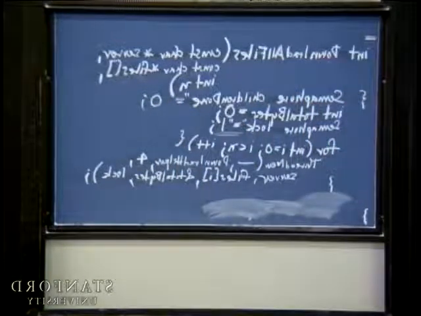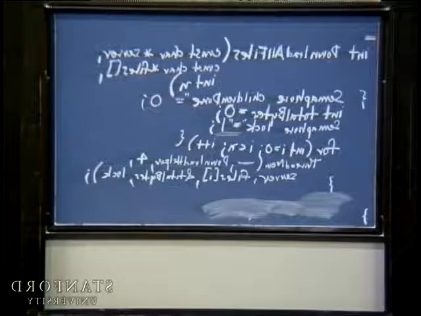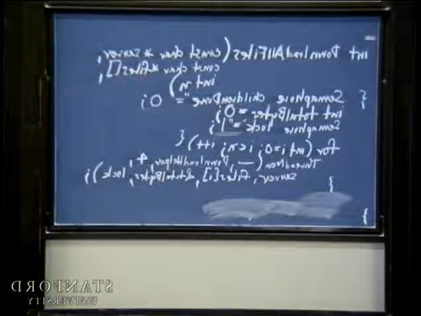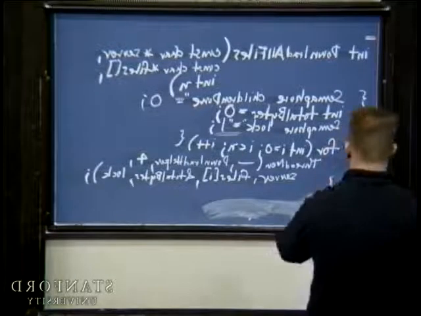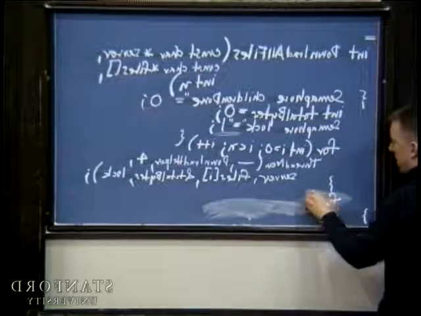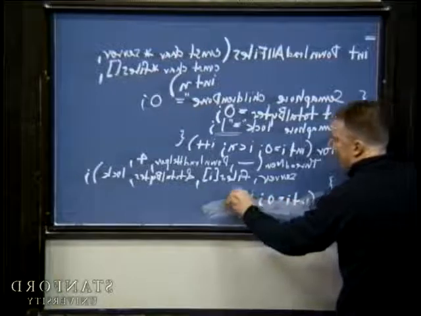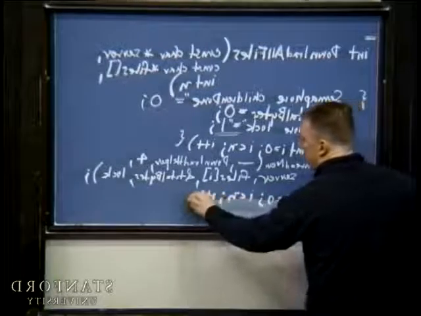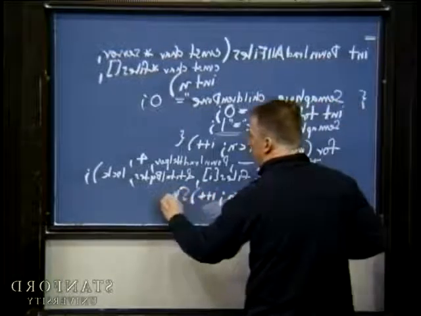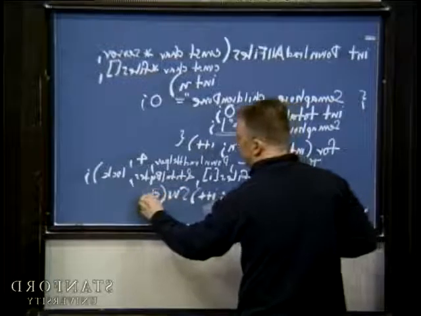I want to use this children done semaphore as a connection to each of the threads that it's spawning off. I want to do this: for int i equals 0, i less than n, i plus plus, I want to semaphore wait on children done.